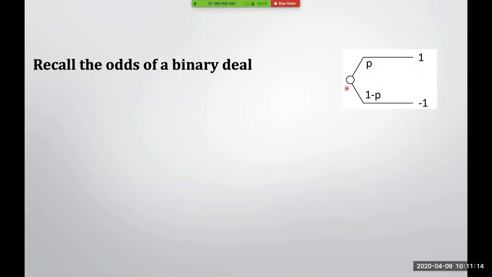Over here, you're looking at a special form of binary deal that has the same stake, either winning it or losing it. So this represents a binary deal of winning or losing $1, or you could describe it as a binary deal with $1 at stake, at stake meaning you're winning or losing that stake.